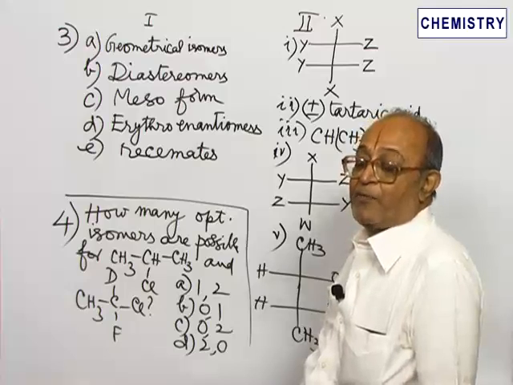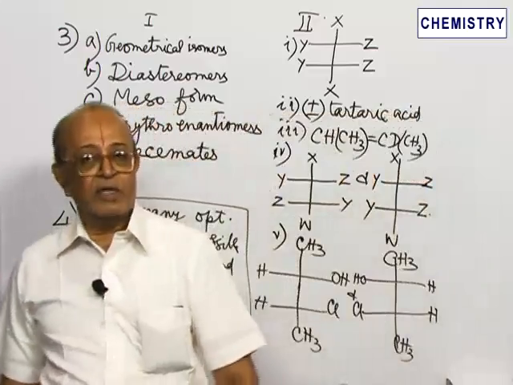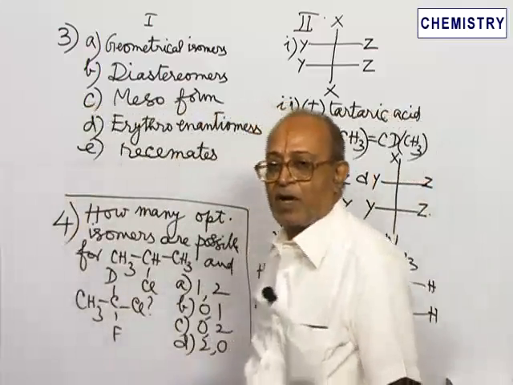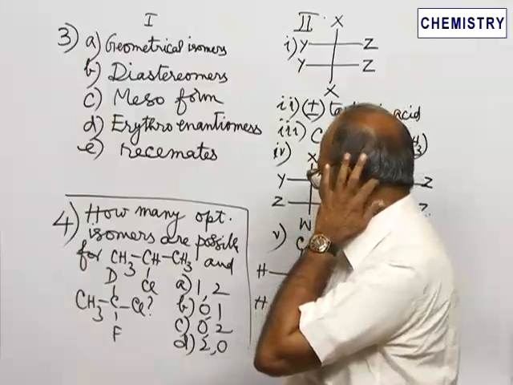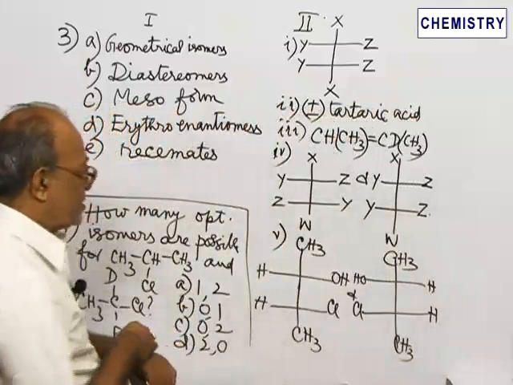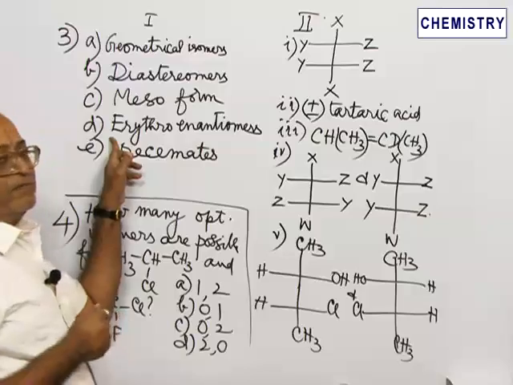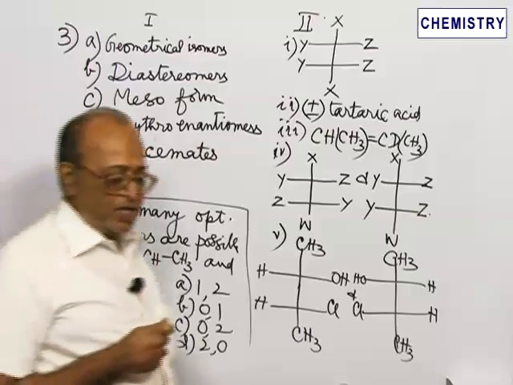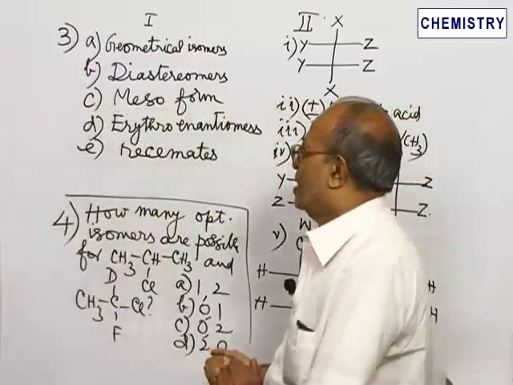Erythroenantiomers. By enantiomers we know they have the mirror image relationship. But what is meant by erythroenantiomers? Let us consider, first I consider D, because regarding this erythroenantiomers I have not mentioned anything.